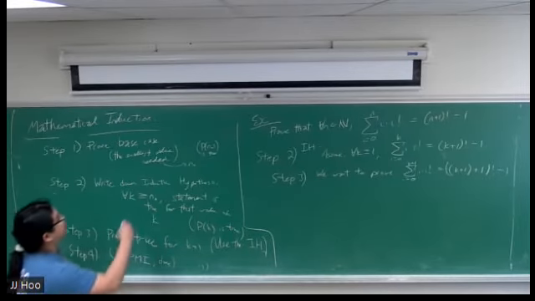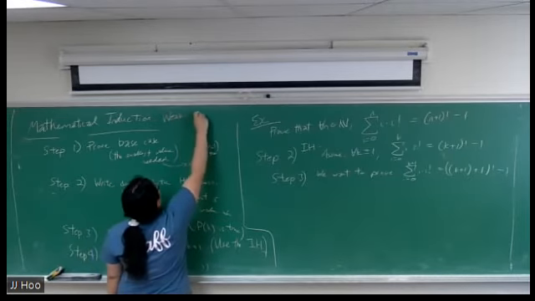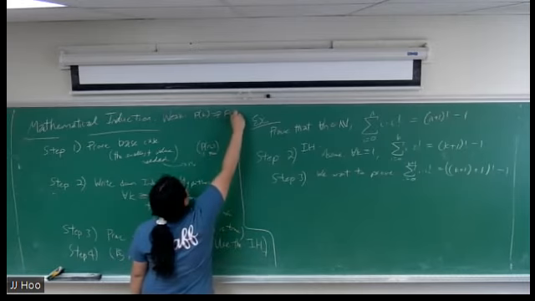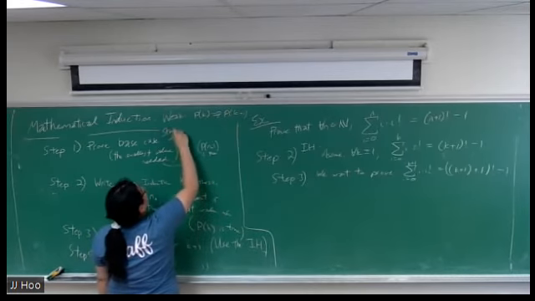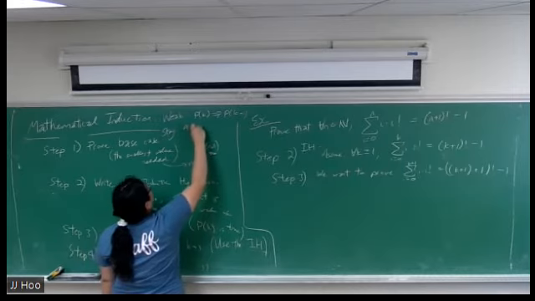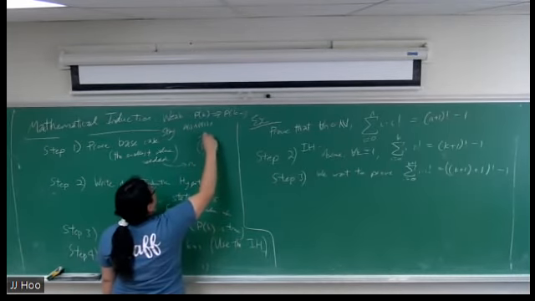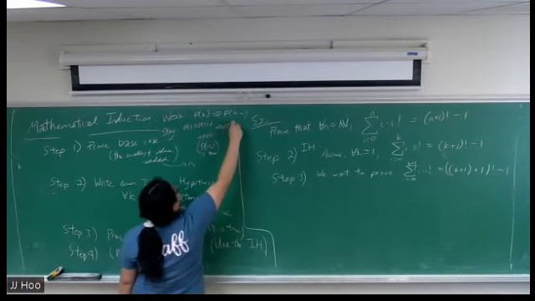So the main difference is in weak induction, we have p of k implies p of k plus 1, whereas with strong induction, we have p of 1 and p of 2 and all the way to p of k. All of those together imply p of k plus 1, right?